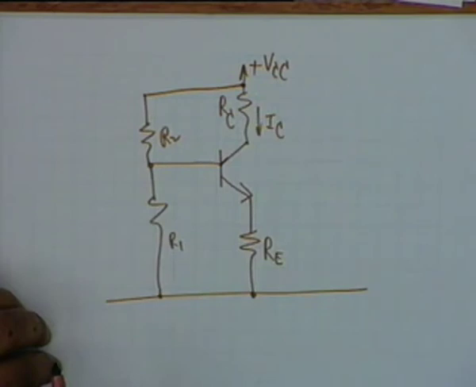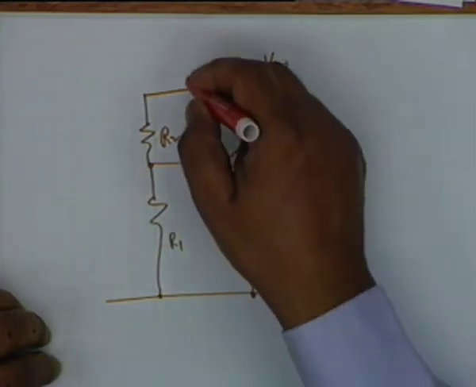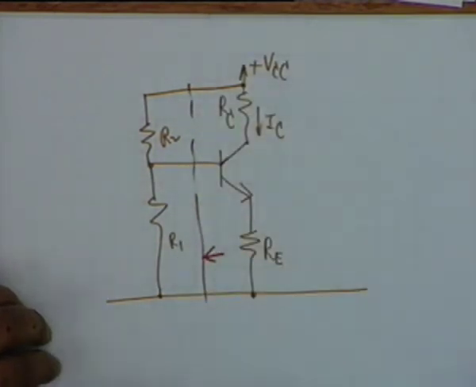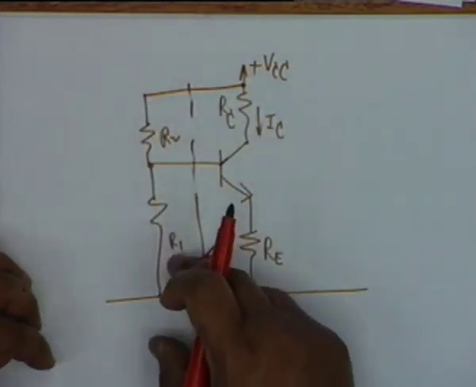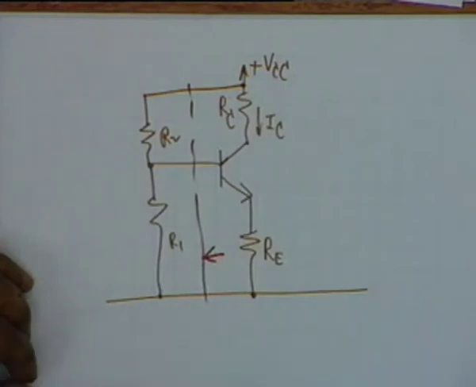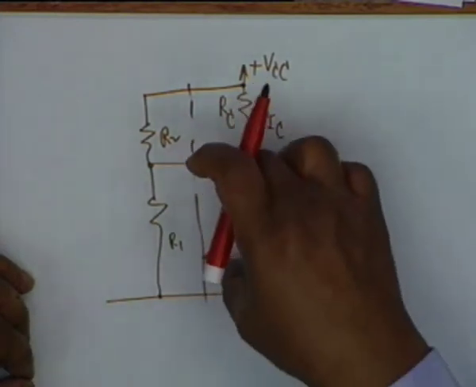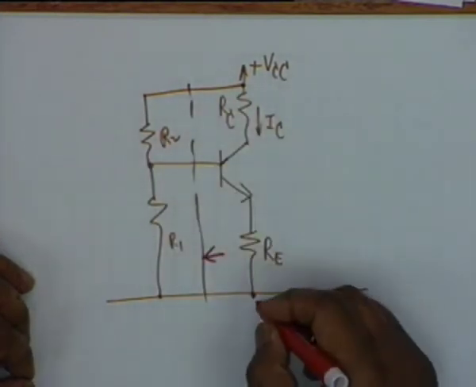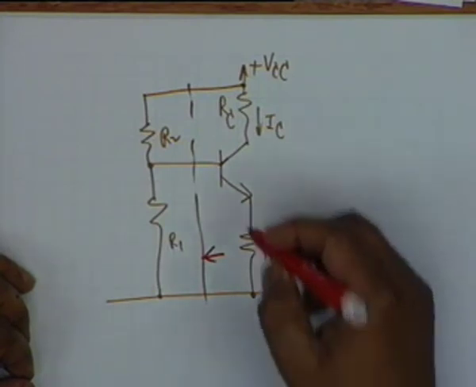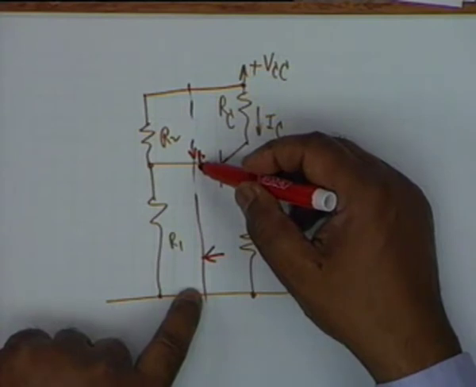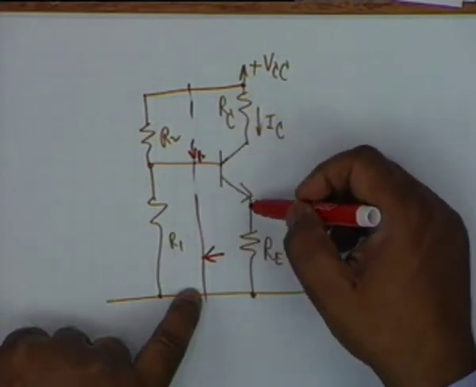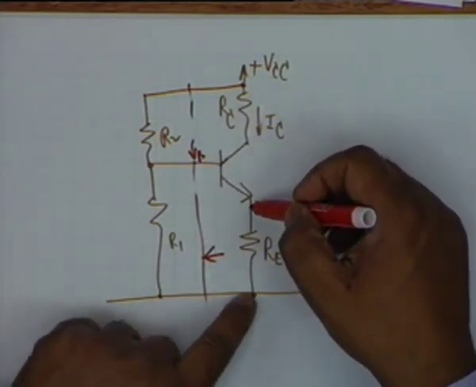If you look at this circuit from the left of this line, obviously it's a battery VCC supplying a series connection R2 and R1. The drop in R1 then supplies the base. The base voltage VB, measured with respect to ground, is simply the drop across R1, which is equal to VBE plus the drop across RE.